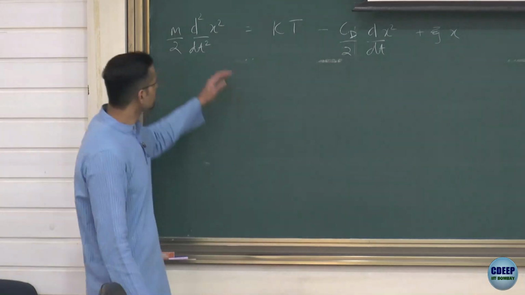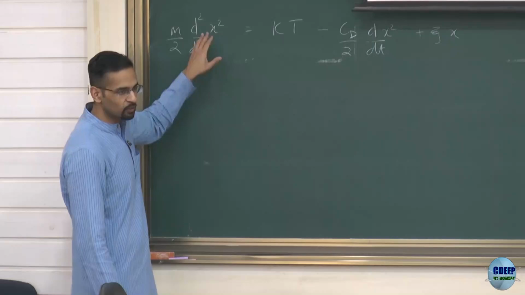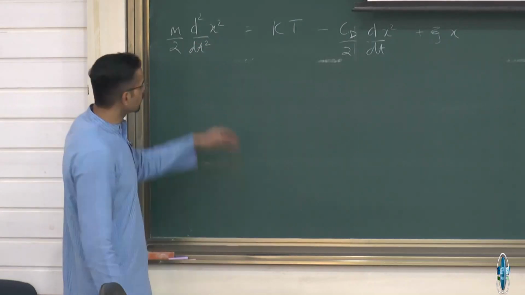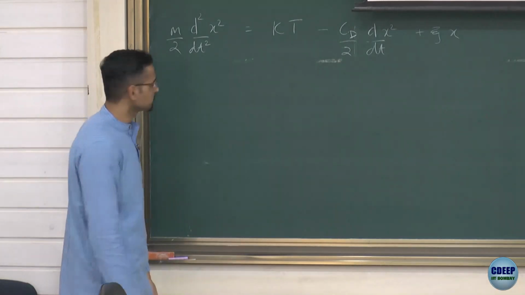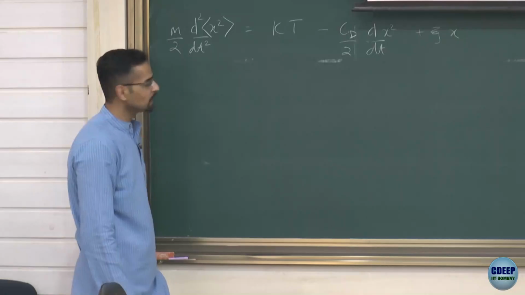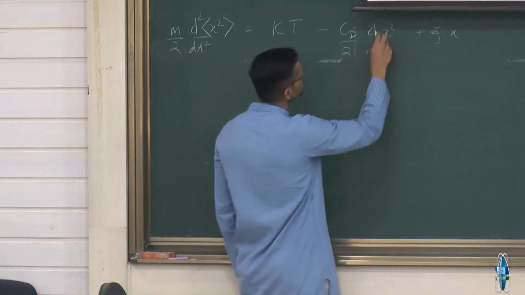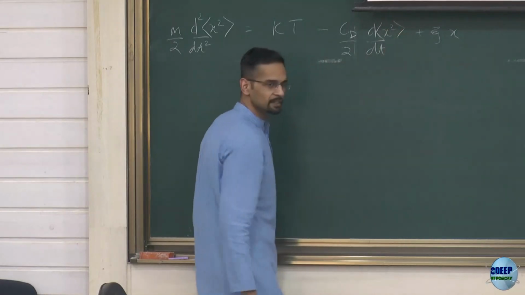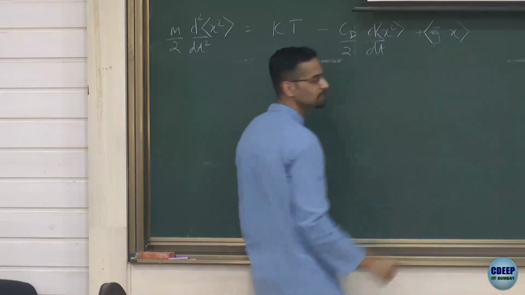If you're confused, imagine you write this equation for particle 1, 2, 3, 4, 5, 6 and so on, and now you're just adding them. So I can take the derivative out of this operation, and I can bring this in here. The kT will stay as it is, it's not a fluctuating quantity. Similarly, the dt will come in here, and so the ensemble average will come in, and this will stay here.